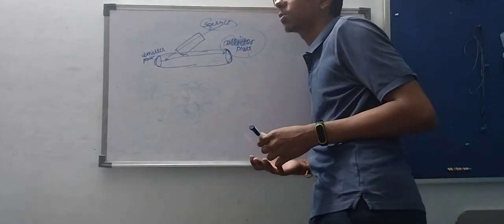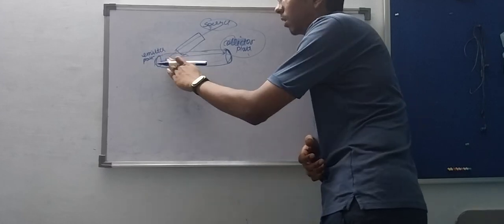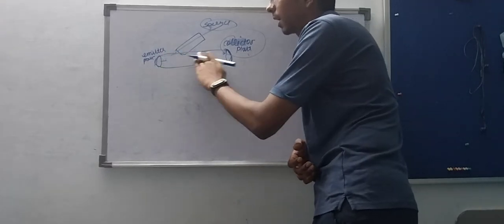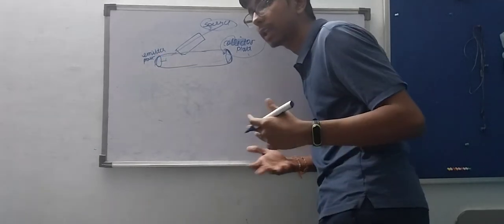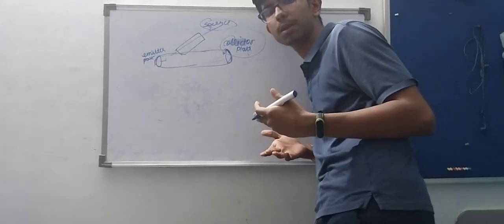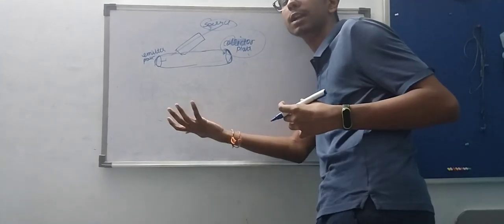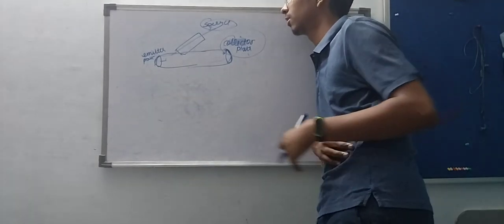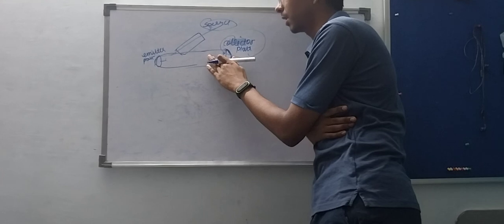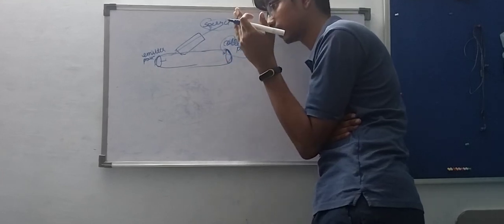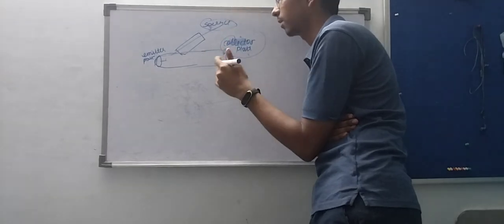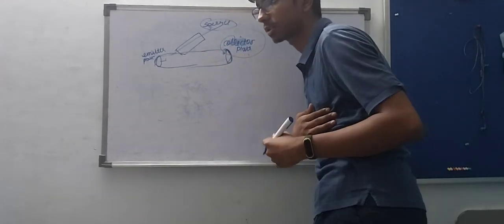Electrons are being emitted from here. All the electrons don't have the same energy. Each electron can have different kinetic energy. They're being emitted towards the collector plate. I'll just tell you the observation.